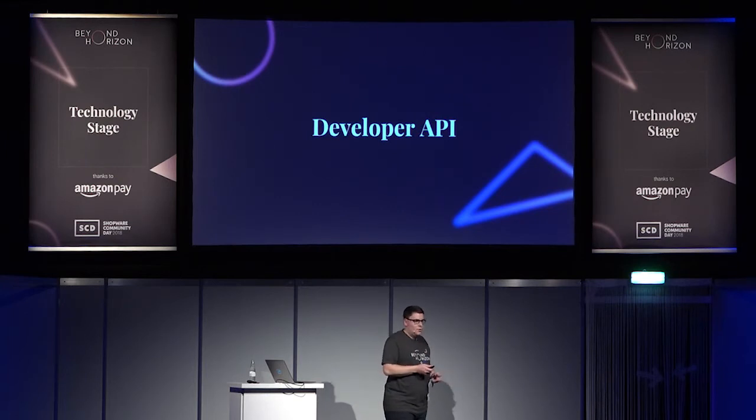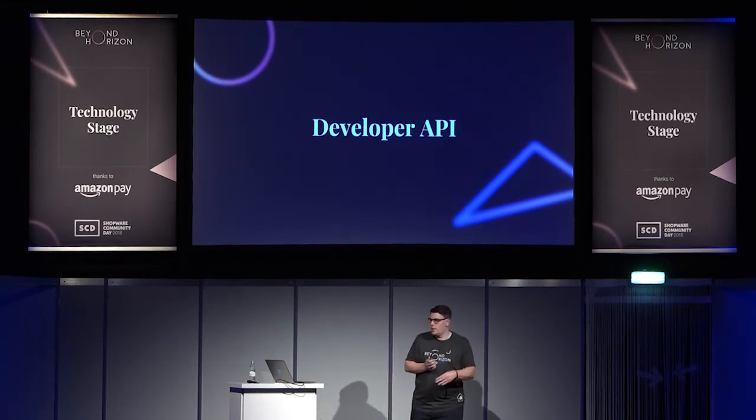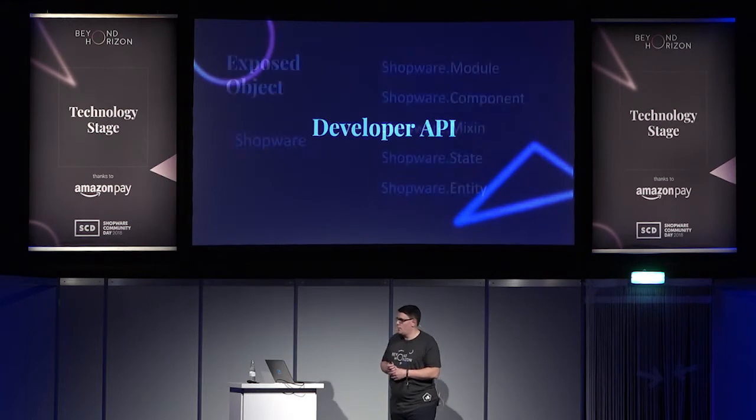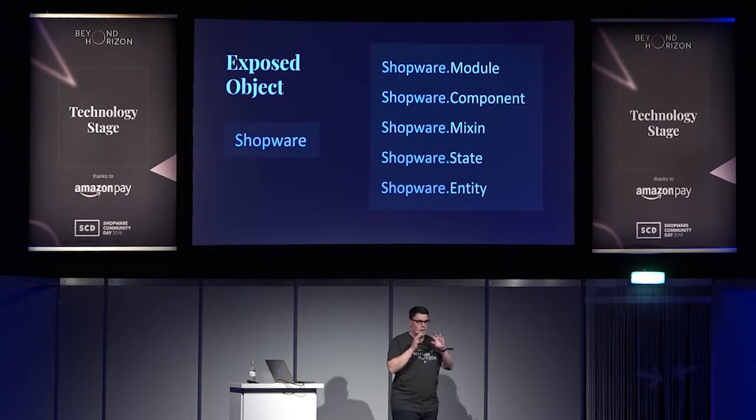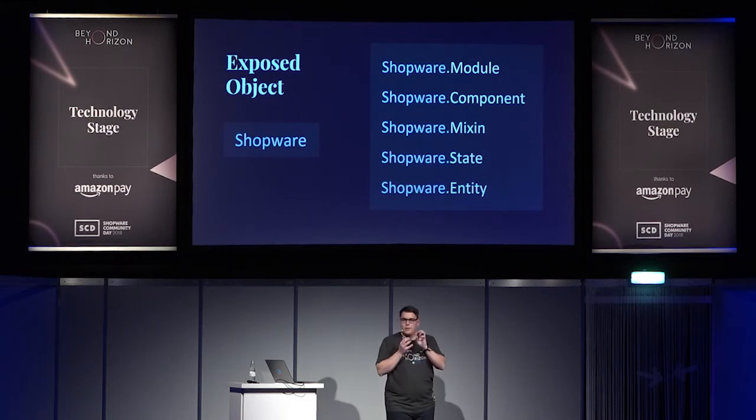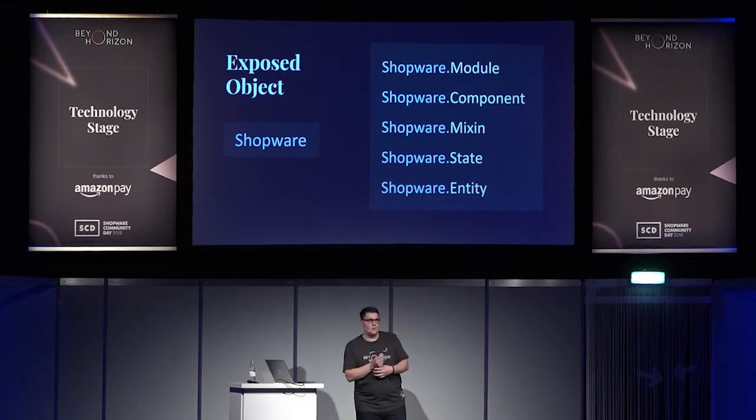To make life very easy and simple for you and keep the learning curve very low, we decided to give you a central developer API which you can use. So we have the core as the heart of the new administration.